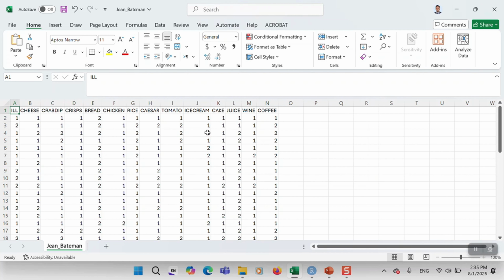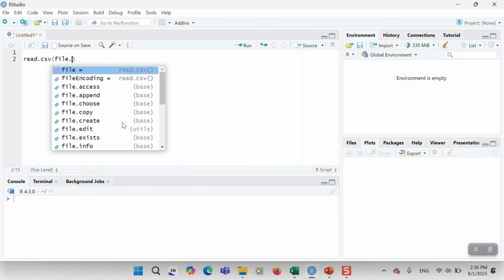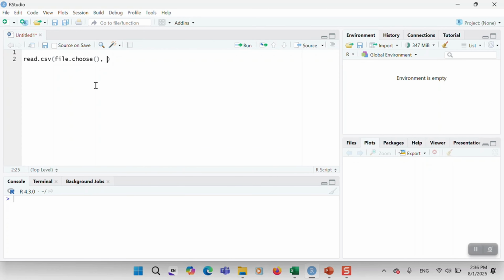So let's start by loading the data into R. In our environment, first of all, we use read.csv with file.choose and set the header to true. And let's store it in an object, call it data. Okay, so run this line of code.